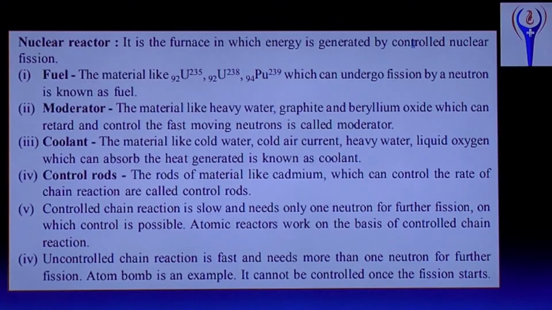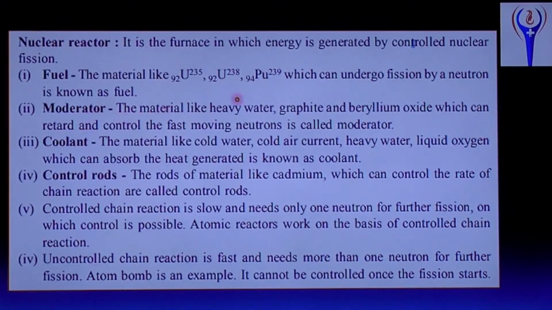Some of the important parts we use in a nuclear reactor: fuel. What is fuel? Fuel is a material like uranium, U-92-235, U-92-238, or plutonium, Pu-94-239, which can undergo fission by a neutron. That is called fuel.